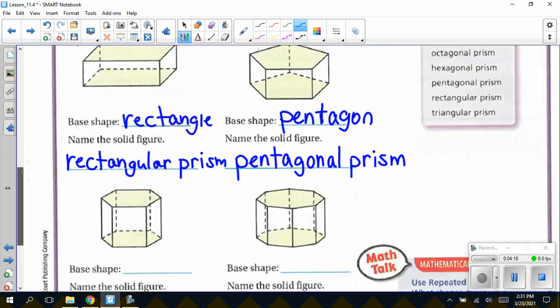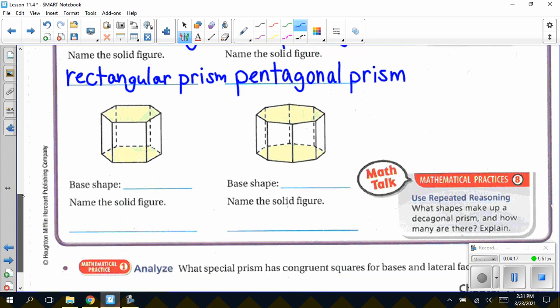Moving down, the next base shape I see, that polygon does have 6 sides. A 6-sided polygon is a hexagon. So the prism name is hexagonal prism.